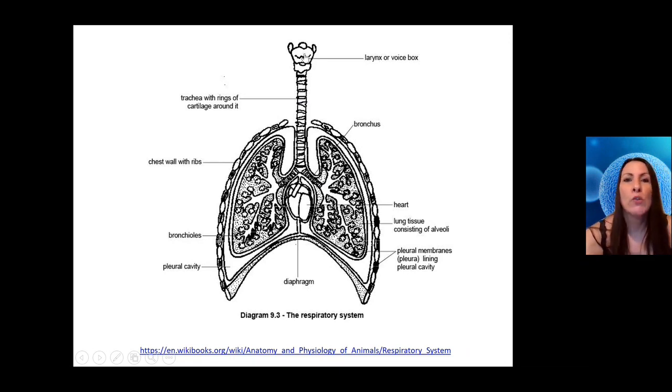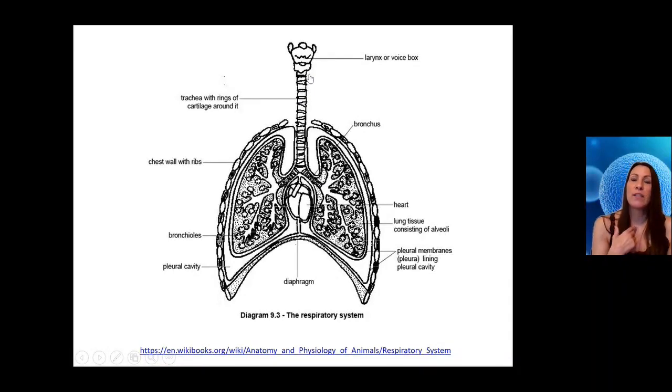So we also have at the top, you can't really see it here, but just because it's important to mention, when we're thinking about the trachea and the esophagus running parallel to each other, the trachea actually has this little flap of cartilage which blocks off the windpipe when we do swallow food, and that ensures that any food goes down the esophagus and not the trachea.